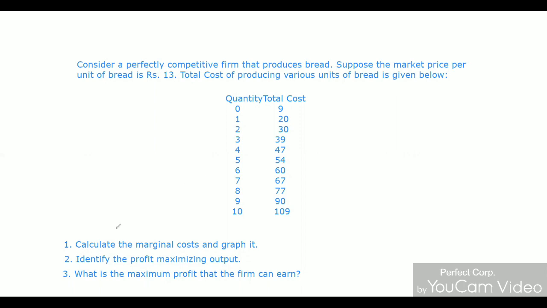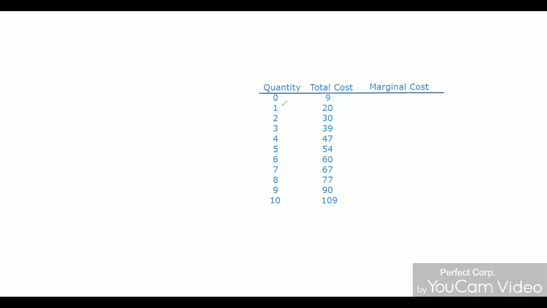So let us consider the first question and solve for the marginal cost. Here is the table we have taken. Before calculating the marginal cost, let us consider the formula.